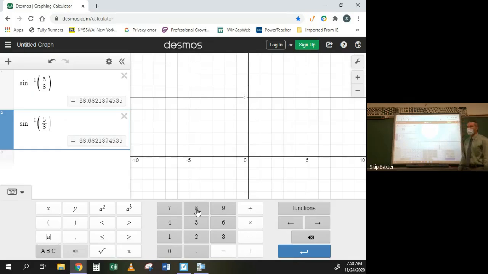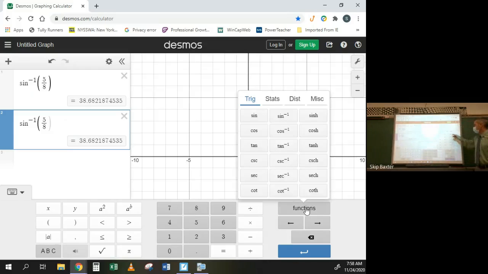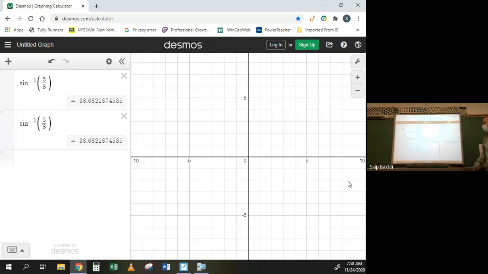So you don't actually have to use the little exponent button, which by the way on keyboards is Shift 6. Shift 6 is the way to get an exponent. You don't have to do that. You can do that, or you can actually just use the function button that's on the Desmos already. Okay, so the answer would be 38.7 degrees.